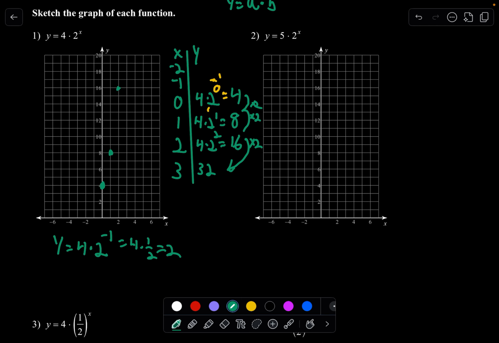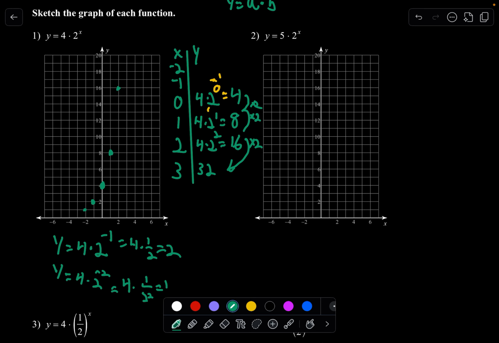So we know that when x is -1, you get 2. Again, use a calculator if you need to. When x equals -2, that'll be 4 times 2 to the -2. Your calculator will say 0.25 or 1 over 2 squared, or 1/4. So that's 1.